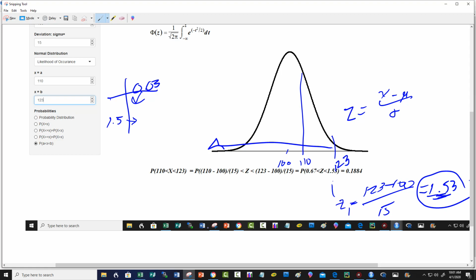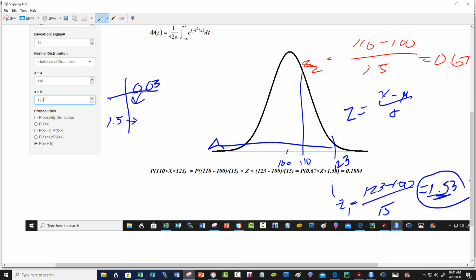And then what we'll do is we'll do the second z-score. I'll need to pull up the chart to show you the exact values. So the second z-score, z2, will equal 110 minus 100, which is 10, over 15. 10 over 15 is 2/3, 0.67.